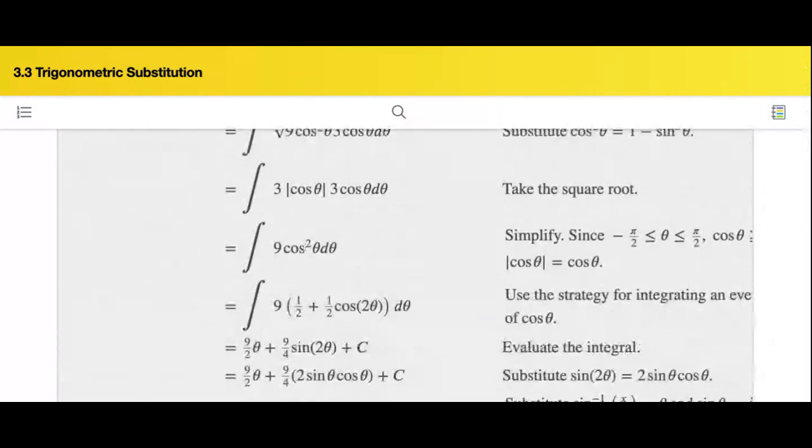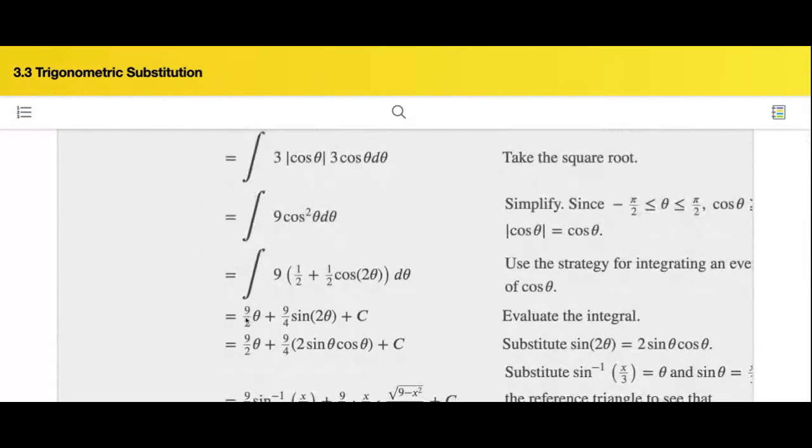So cosine squared equals a half plus half cosine 2 theta d theta. Then from there we'll get 9 over 2 theta plus 9 over 4 sine of 2 theta, because the antiderivative of half of cosine 2 theta is 1/4 of sine of 2 theta. Then multiply this by 9, plus some constant.